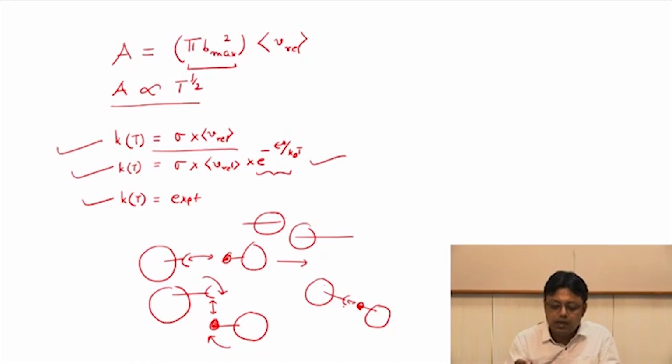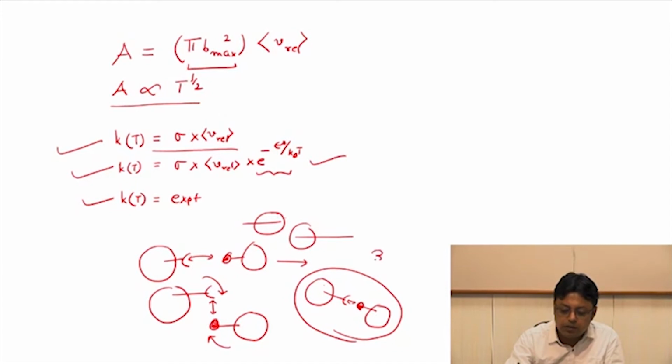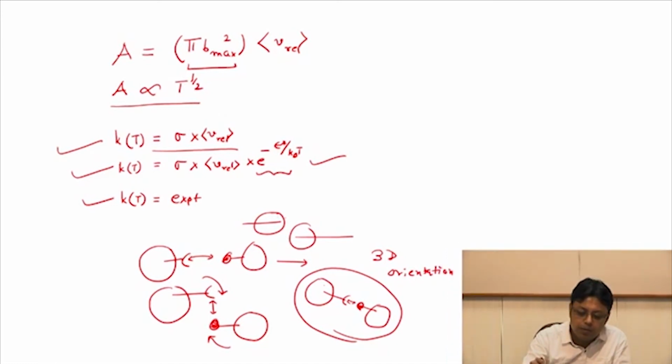So the proper orientation, the three-dimensional orientation, is very important. To get a better result, people sometimes compare these two values and write that we will get the true value if we multiply by some other factor, which is called P, known as the probability factor, times this modified rate constant, which is sigma times V relative times e to the power minus epsilon star by kBT.